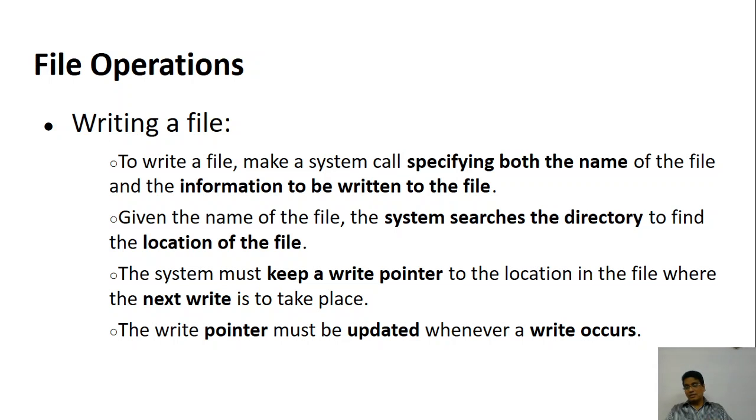If I'm updating and adding at the end, it will point to the ending point of the file. At that point it will start adding the new content, and again it will update the pointer.